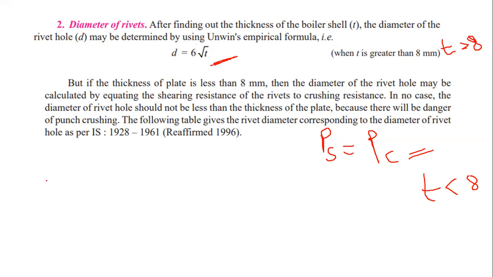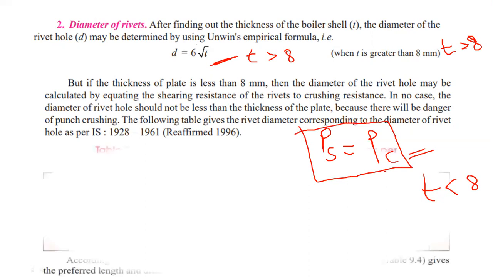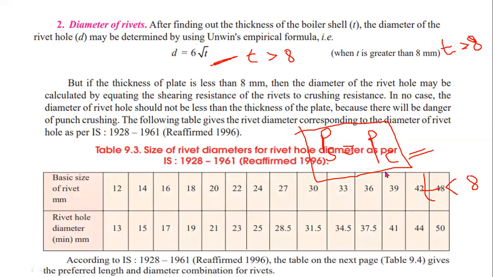If the thickness of the plate is less than 8 mm, you have to use this relation: shearing strength equals crushing strength. Now these are the recommended diameters for rivet hole, as per 1928 to 1961 Indian standards.